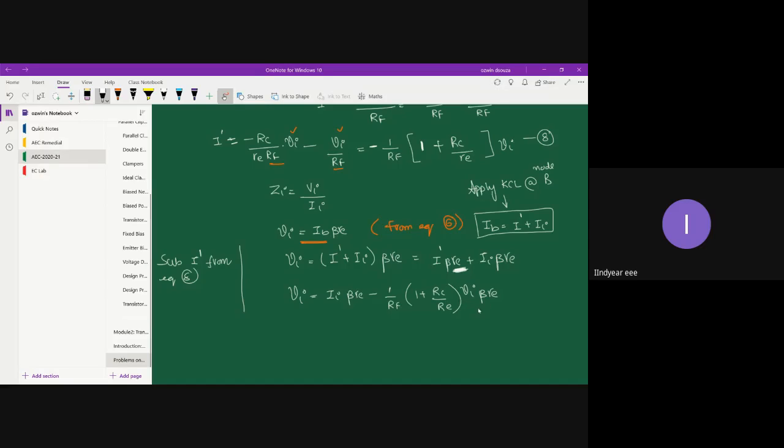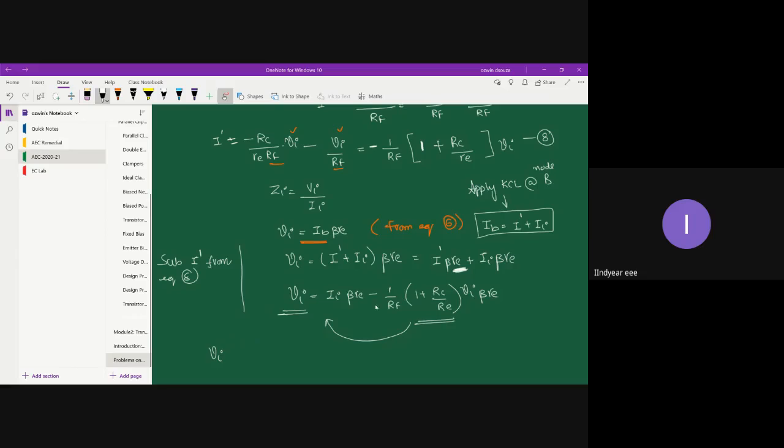Fine. So what you do now is collect the like terms together, in the sense you have one Vi term here and the second Vi term on the right hand side. So you bring this Vi term onto the left hand side so that you can group the like terms together. So this is Vi.